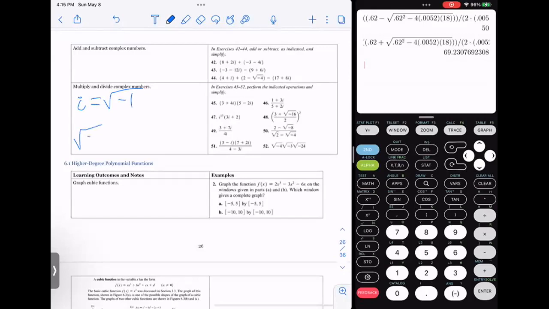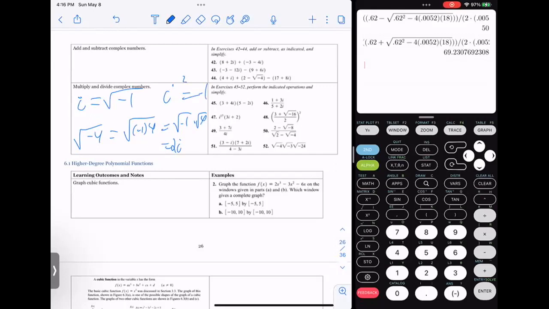So if we take the square root of negative 4, that's the same as the square root of negative 1 times 4, equal to the square root of negative 1 times the square root of 4, and that's simply 2i. I just wanted to emphasize that because that's important. That's why i squared, if you remember, is equal to negative 1, because you're squaring out the square root.